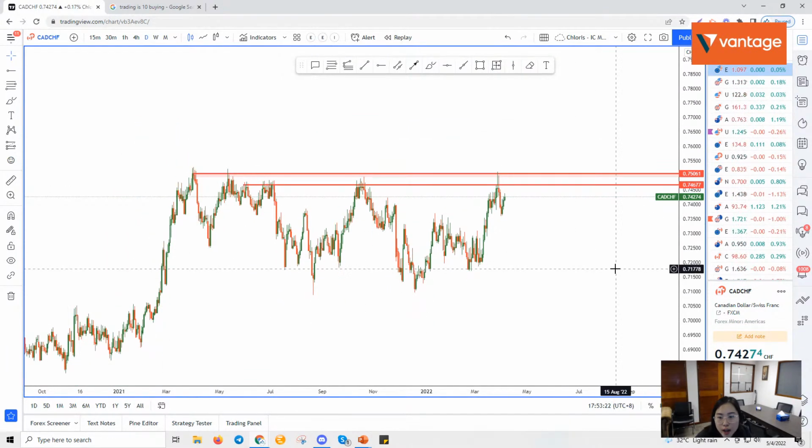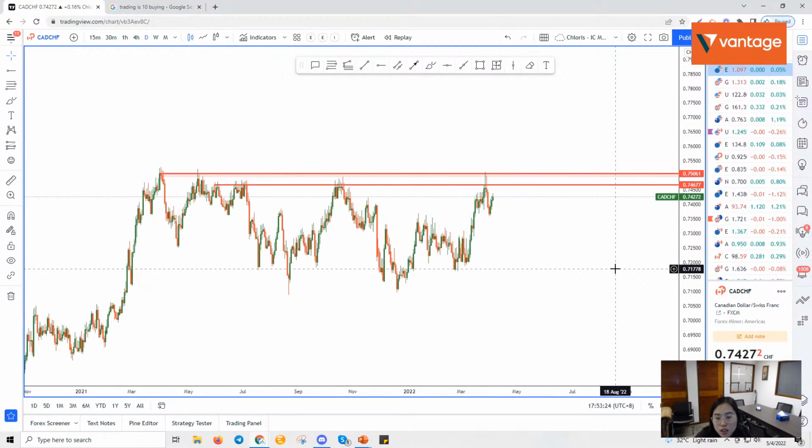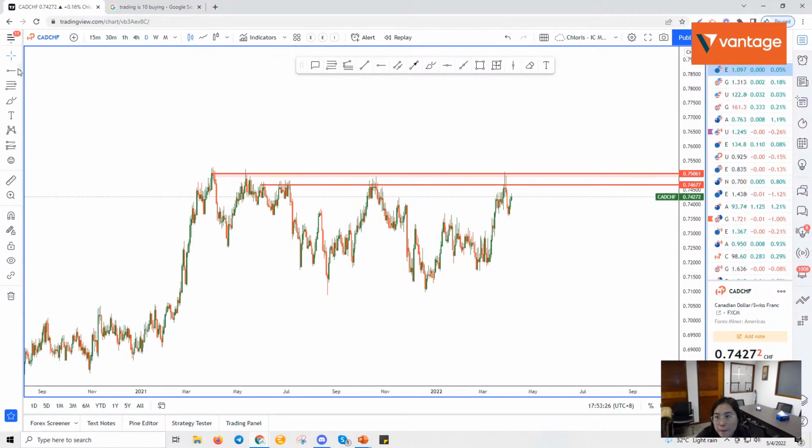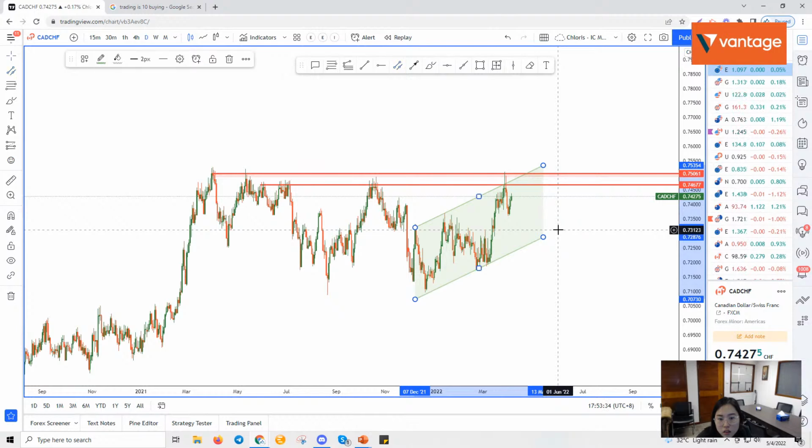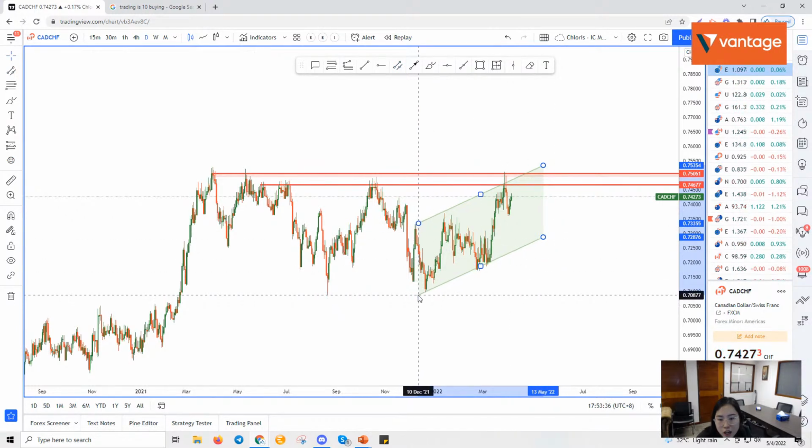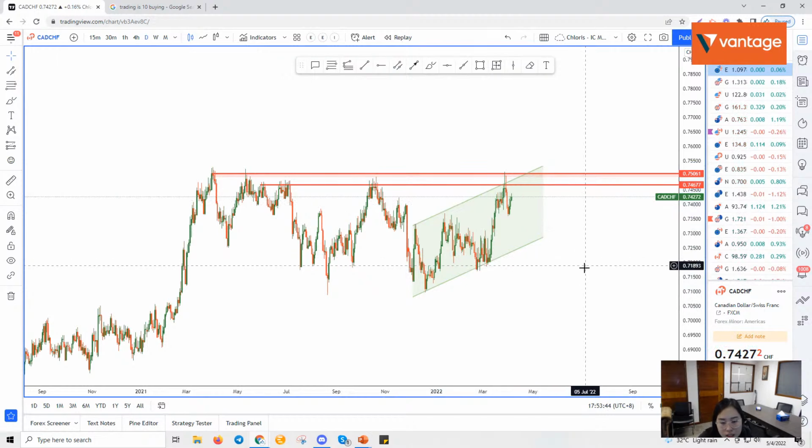Let's look for a trend. I don't see a very obvious trend. There might be a channel forming. Not the best looking channel, right? It is not the best, but I would say it's something. I will still use it as a guiding principle to where I think price is going.